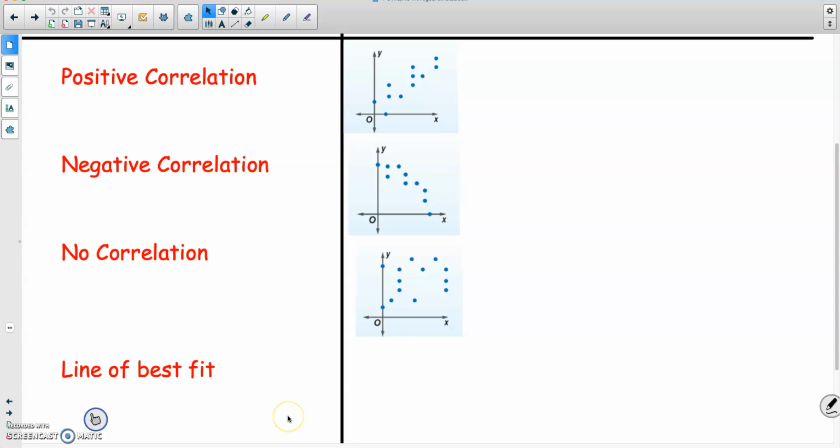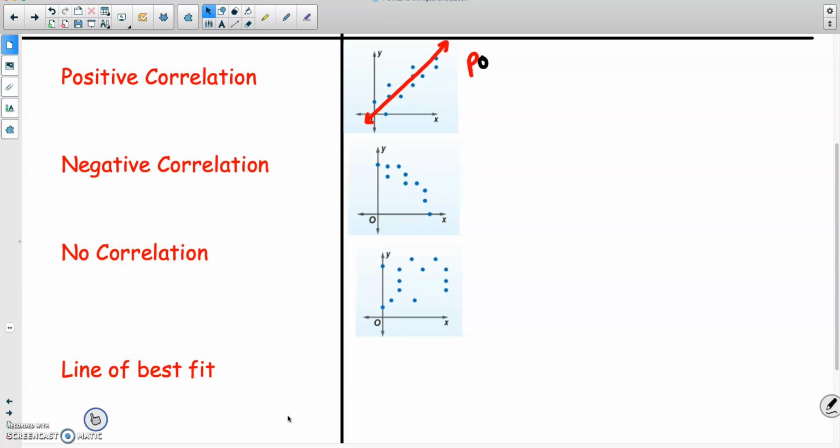The first one is called positive correlation. That's when you see a pattern in the dots where they are rising from left to right. Positive correlation, I can draw a line of best fit through, and that line of best fit has a positive slope.